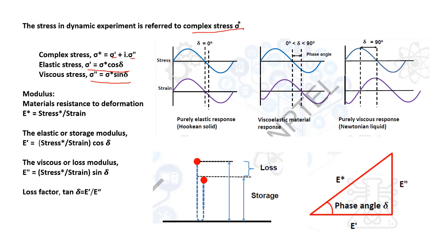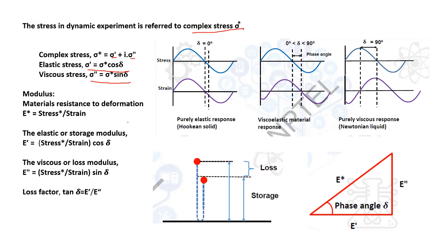Suppose this is sigma stress, then sigma star, then sigma dash and sigma double dash. So from here you can see that sigma dash will be sigma star cos delta, and sigma double dash will be sigma star sine delta. If you have any doubt, you can ask in between.